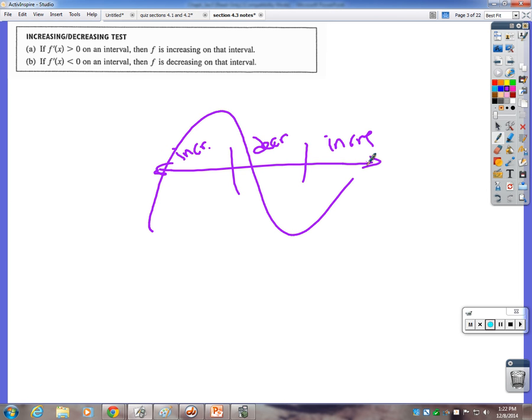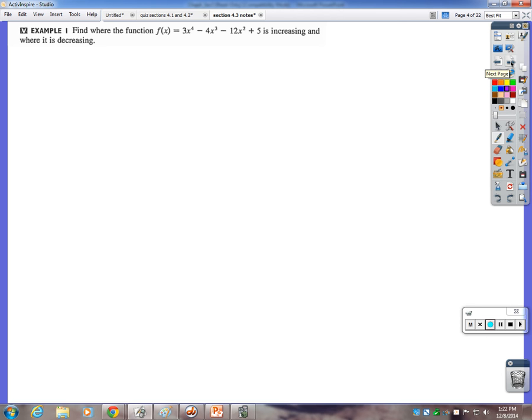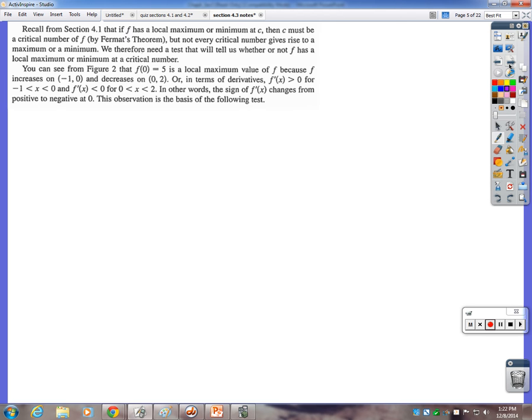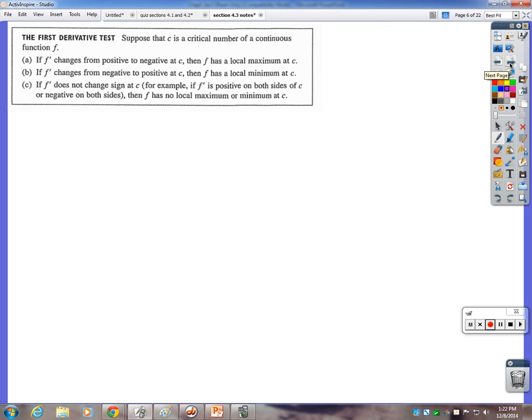Okay. So that was our little conversation on Thursday. We did an actual example. We figured out a sinusoid and all that kind of fun stuff. So that's all called the first derivative test. The first derivative tells us increasing and decreasing, and it tells us maximum and minimum.